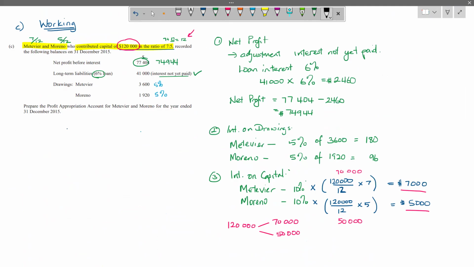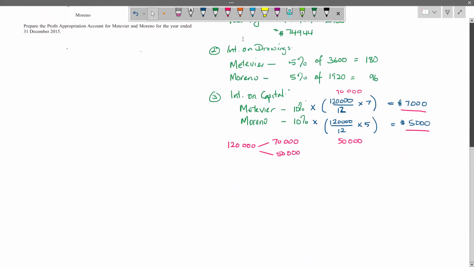I want to use this little space that I have here to head it up. I'm going to put the name of the two partners, Mentive and Marino. Right?